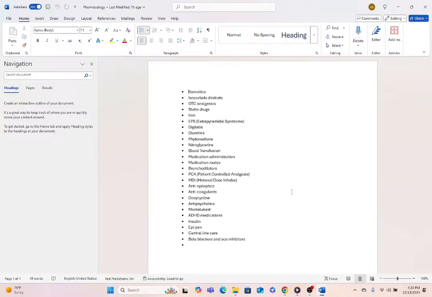Which is the neutropenic and the protective isolation precaution.